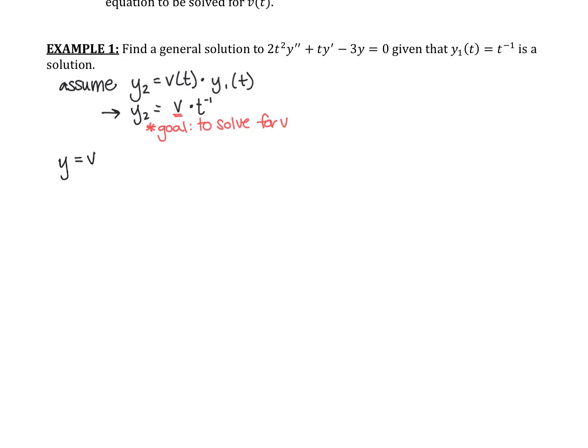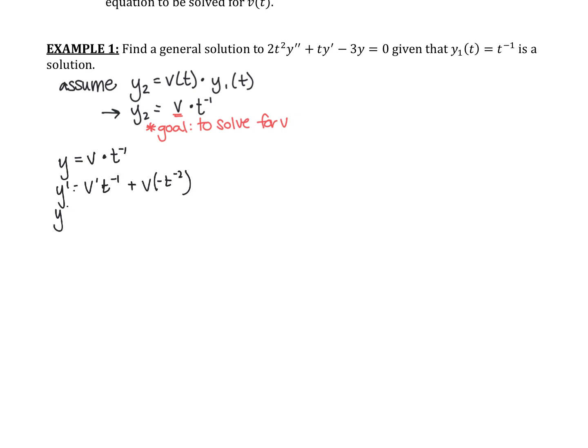If we have y equals v times t to the negative 1, and I want to substitute this into the differential equation, I need to find y prime. And y prime is going to be a product rule because v is a function. So I've got the derivative of v times t to the negative 1 plus v times the derivative of t to the negative 1, which would be negative t to the negative 2.